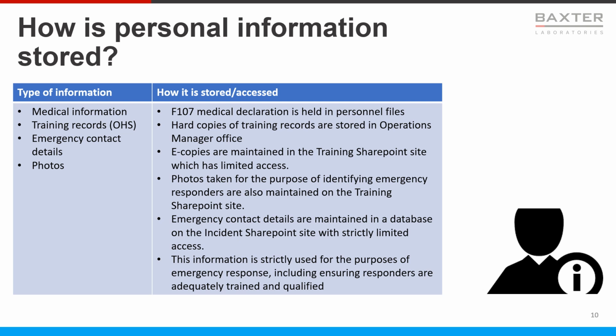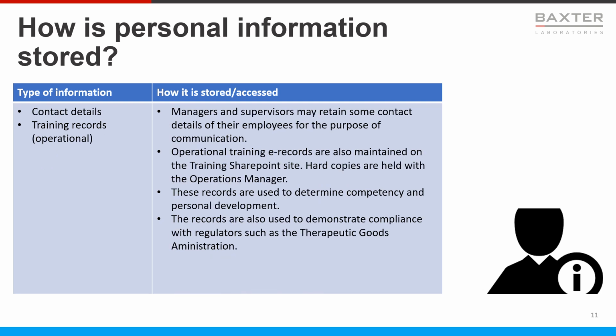Photos of responders and occupational health and safety representatives are also stored electronically with the training records, with the same restricted access. Personal contact details may also, with consent, be held by managers and supervisors for the purpose of communicating with their employees.